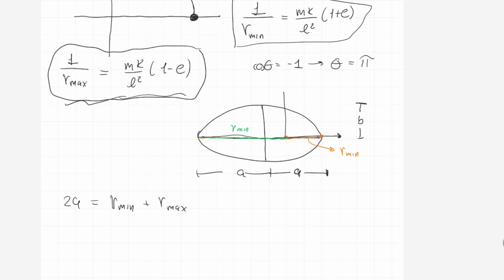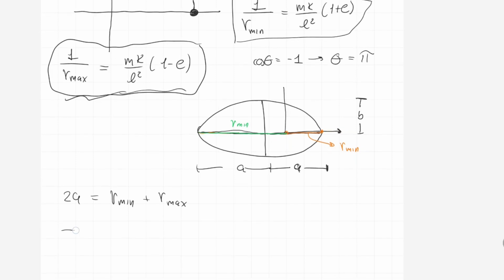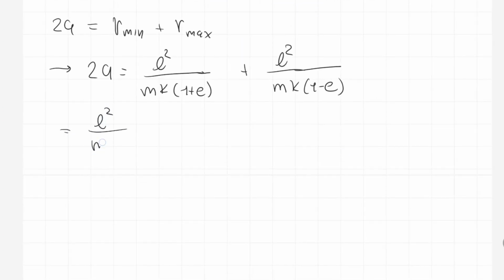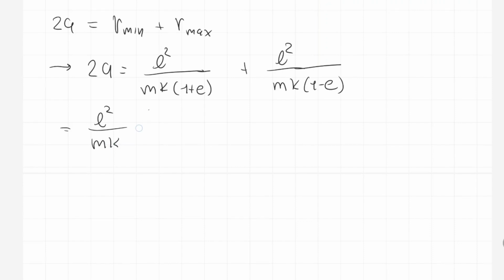By the expressions that we found recently, we can calculate what 2a is. We know that 2a is going to be equal to r minimum, which is L squared over mk times 1 plus e, and then r maximum, which is L squared over mk times 1 minus e. We can factor an L squared over mk to get 1 over 1 plus e plus 1 over 1 minus e.